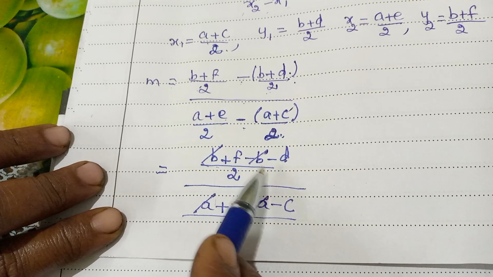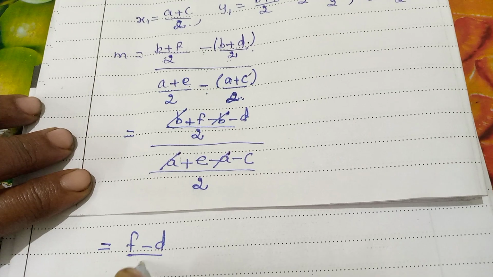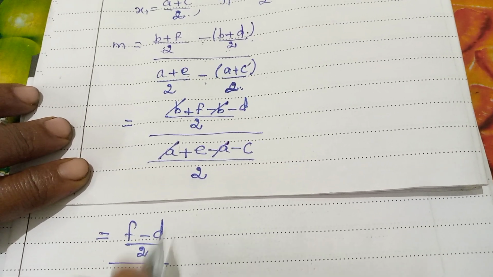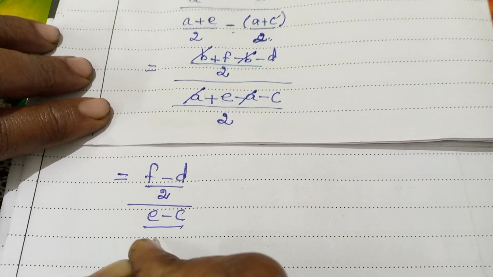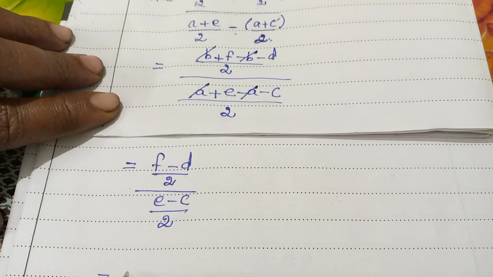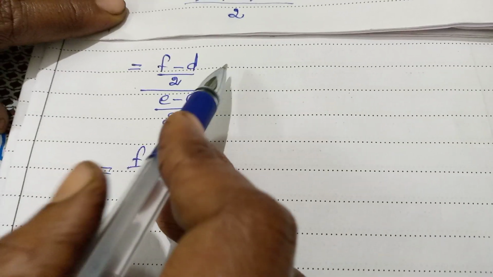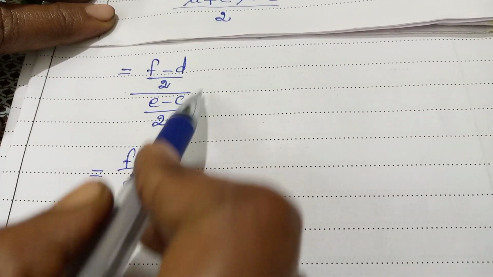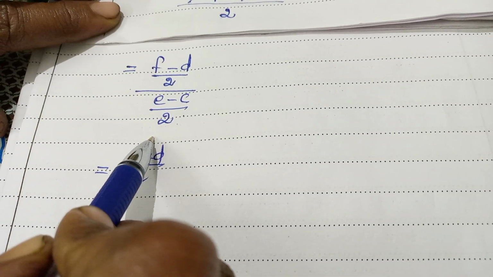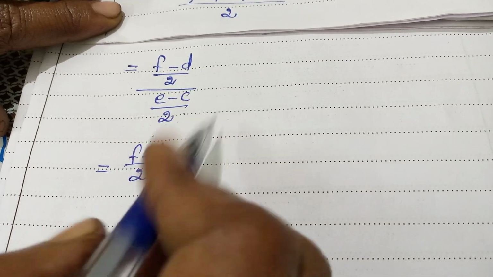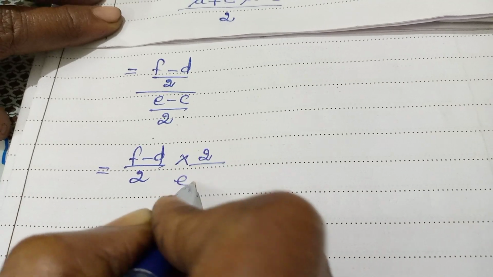Remaining here, which is equal to f minus d by 2 divided by, what is the denominator? e minus c by 2. So f minus d by 2, this denominator we take as a numerator, so the division changes into multiplication. So it can be written 2 by e minus c, into 2 divided by e minus c.